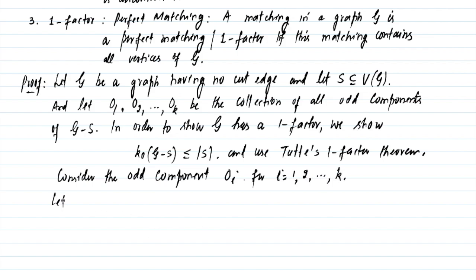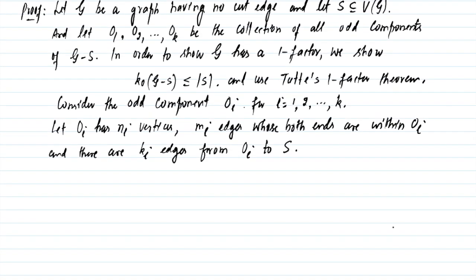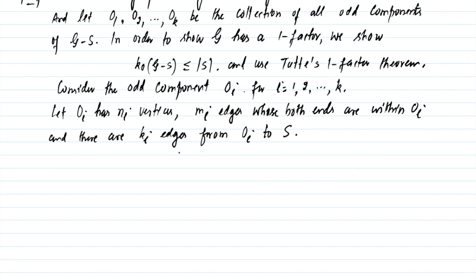Now let's have some notations. Let Oi have ni vertices, mi edges whose both ends are within Oi, and let there be ki edges from Oi to S. So we are making three different classifications here.